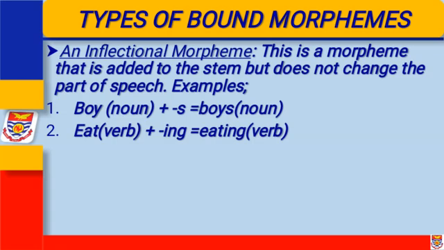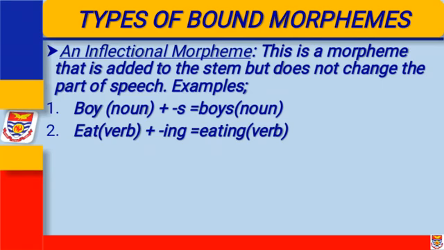So we are saying that with these morphemes, we have the base, the stem word, and then morphemes are attached to them, but their word class does not change.